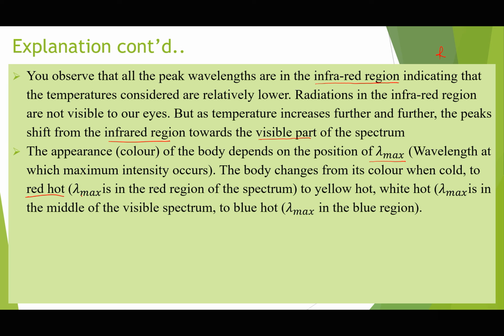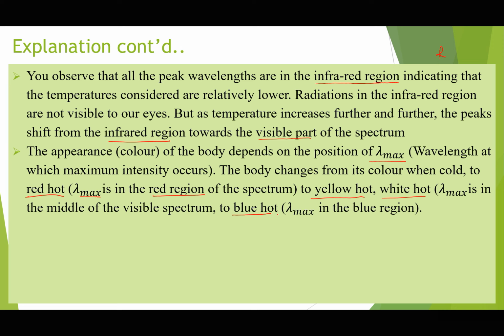That means the wavelength at which maximum intensity is occurring is in the red region of the visible spectrum. If it then turns yellow, it means the wavelength at maximum intensity is in the yellow region of the visible spectrum. And finally, it turns white hot, which means the wavelength is now in the middle of the visible spectrum, which is like the average. And if it goes beyond the average, then it turns blue hot.